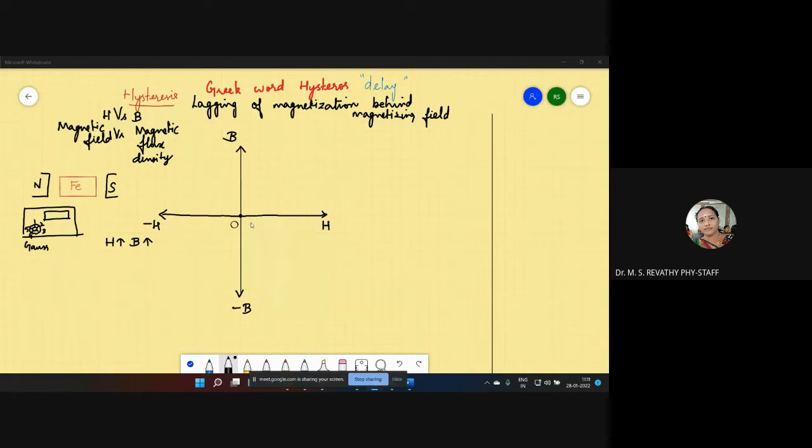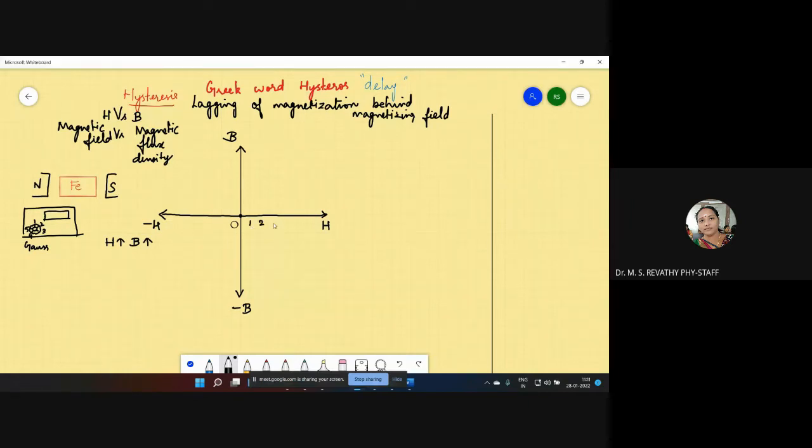So here also I can mark 1, 2, 3, 4, 5, and 6, because this is a graph, so I can easily draw it. So this point is 1, this 2, 3, 4, 5, and 6 Gauss. Likewise, in the negative direction I have minus 1, minus 2, minus 3, minus 4, minus 5, and minus 6.